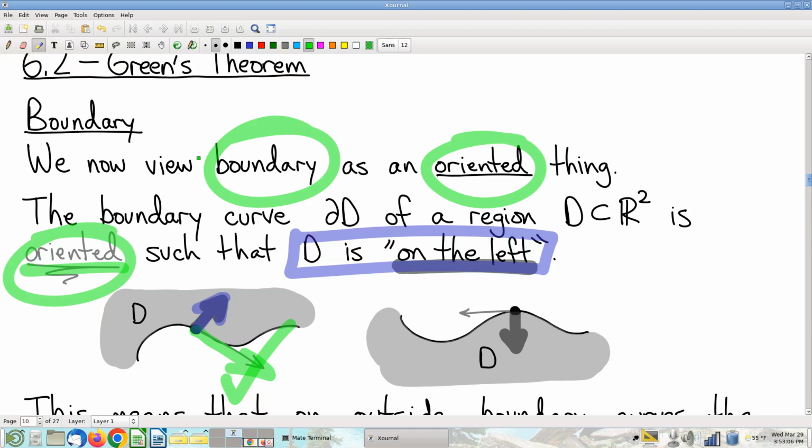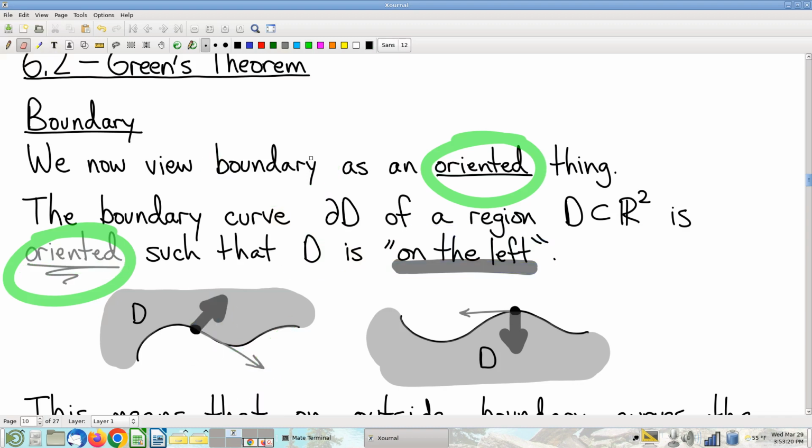How are we doing? Yes? An orientation is just an indication of which direction you're going along a curve. If I am at this point, the two directions along the curve I can go are that way and this way.